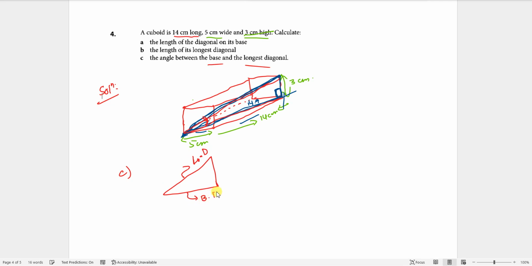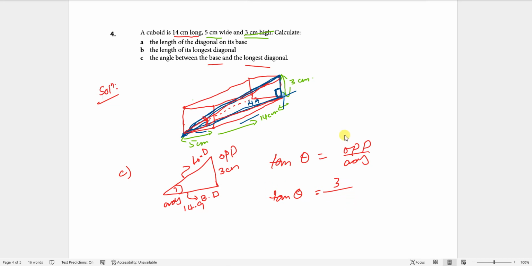Okay, so we know this is 3 centimeters. They're asking us to find this angle, and we know this is 14.9. So let's just use the formula. This is opposite, this is adjacent, so we use tan theta equals opposite over adjacent. So tan theta equals 3 centimeters over adjacent.